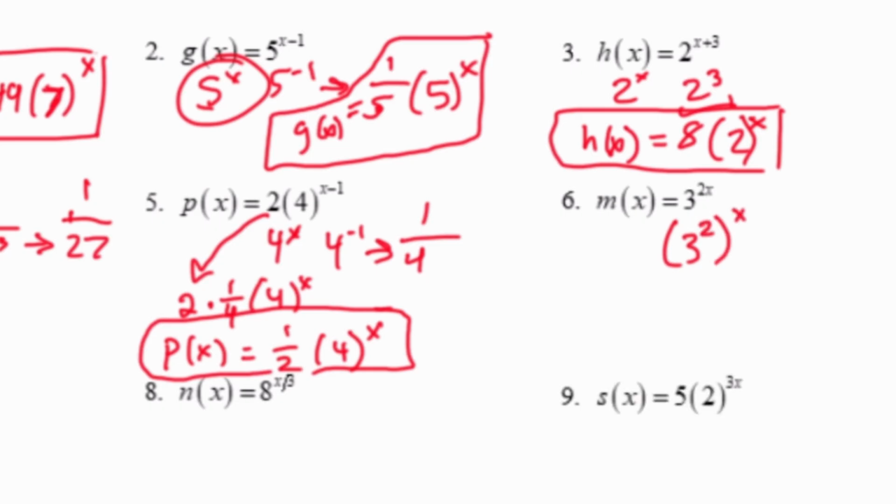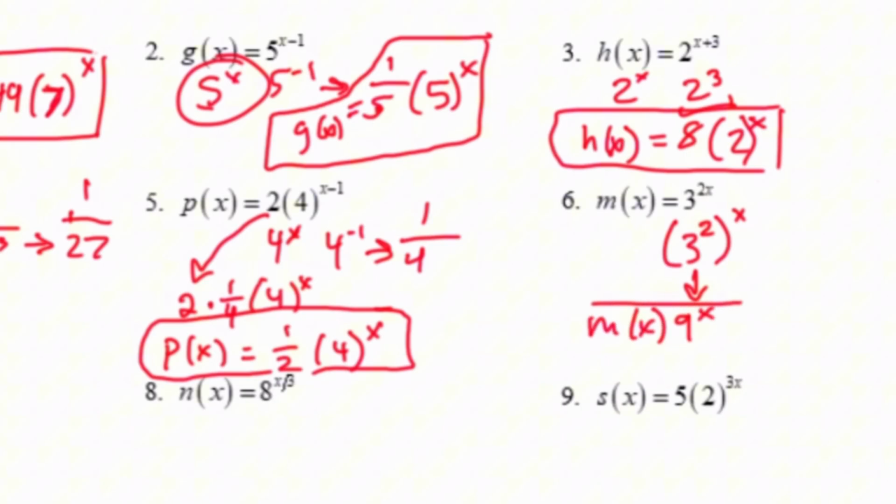So we wouldn't do 3x and 3, 2, because x and 2 is not being subtracted or added, it's being multiplied instead, so we can't do that. So we have to do this. And with that, we know this changes into 9 to the power of x, and that's the answer for that one.